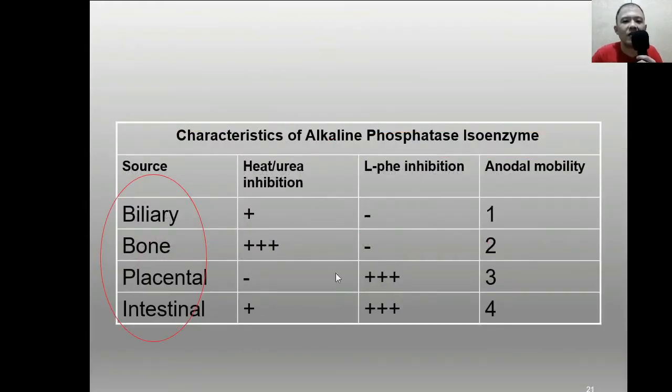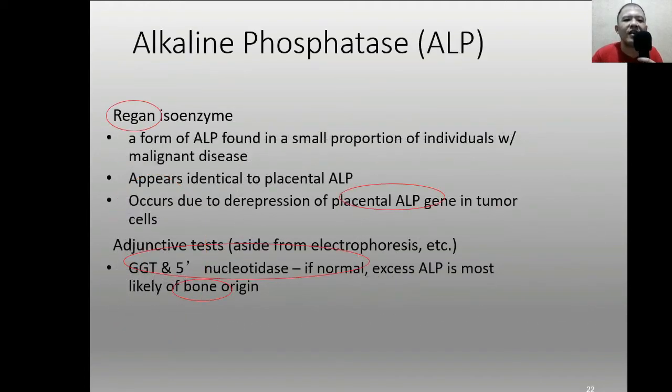It's also identified by both urea incubation and heat, but more on the inhibition by the phenylalanine. Another term for placental ALP is the Regan isoenzyme, so please take note.